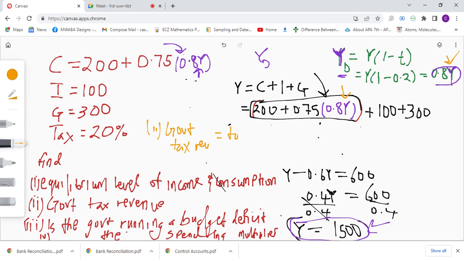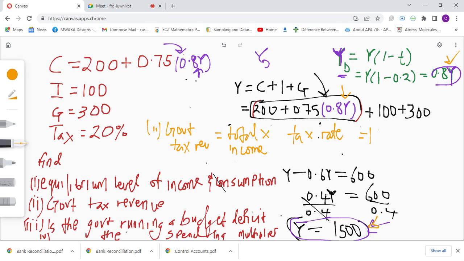Okay, we're going to say the total income, this 1,500 here, times the tax rate. So it's the total income times the tax rate, right?